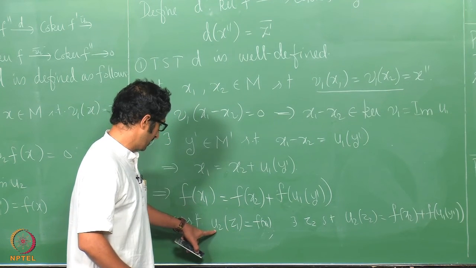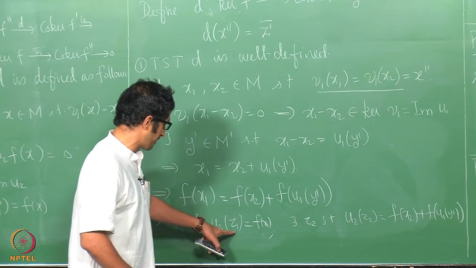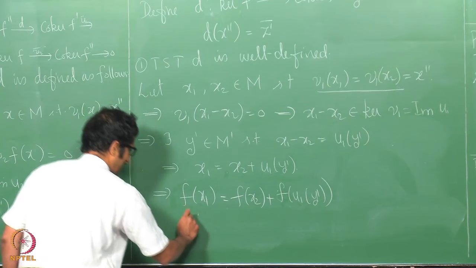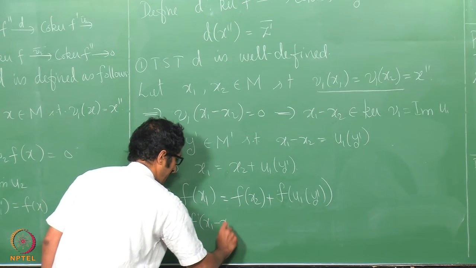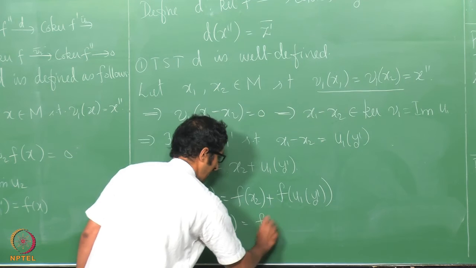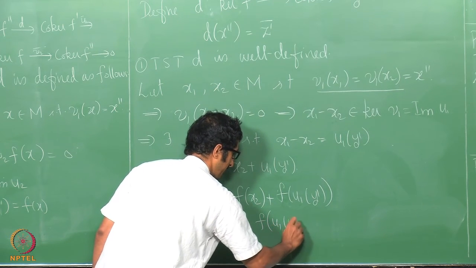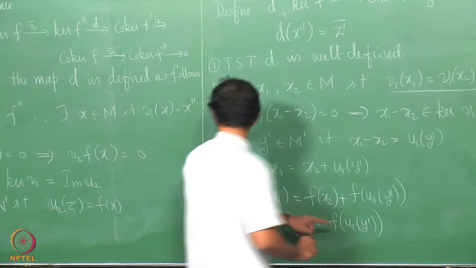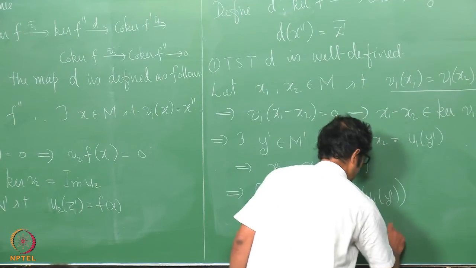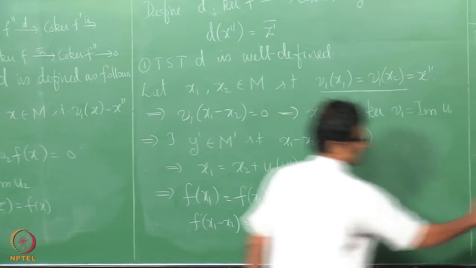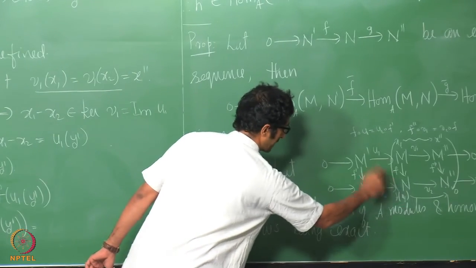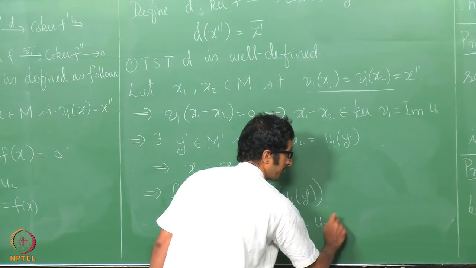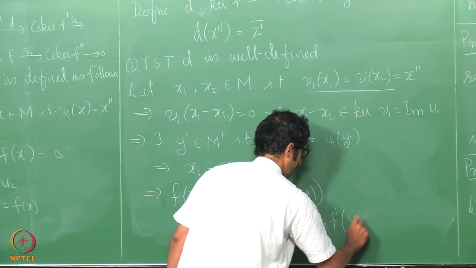So f of x1 minus x2 is f of u1 of y prime, but f of u1 of y prime is the same as u2 of f prime of y prime.